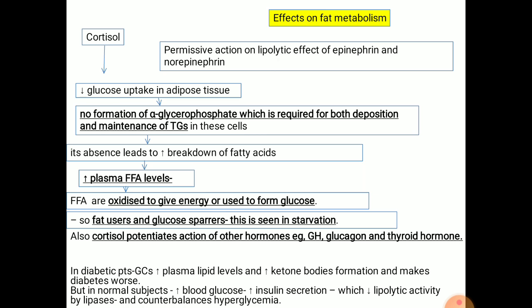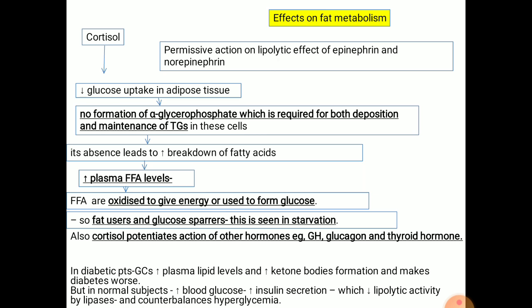In the diabetic patient, what happens? The glucocorticoid causes increased plasma lipid level along with the increased glucose concentration that is already present. Plasma lipid level also increases, that increases the ketone body formation and makes the diabetic worse. That is called the diabetic ketoacidosis. But in a normal subject, what happens?